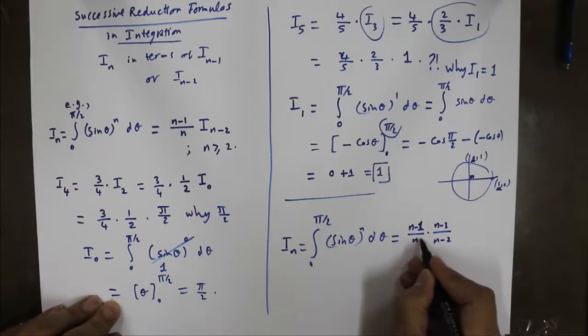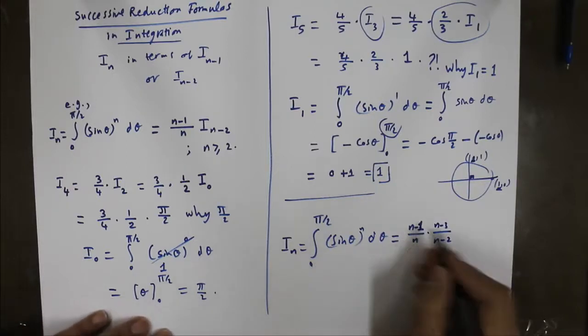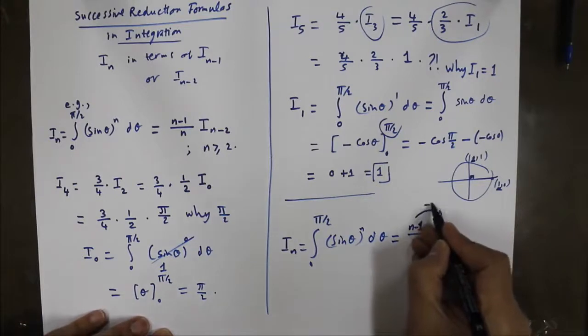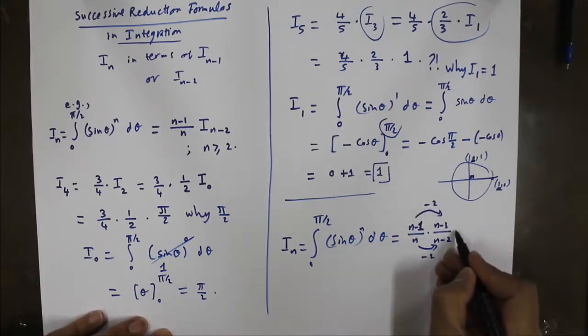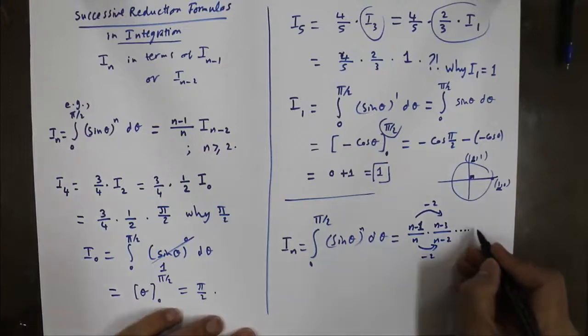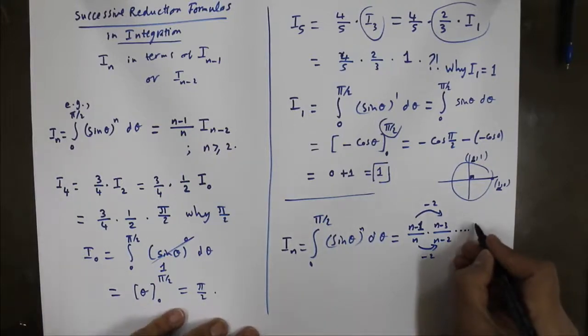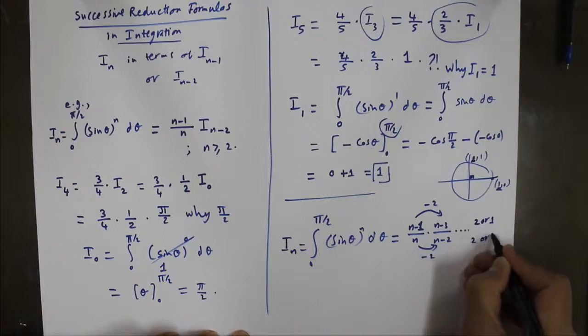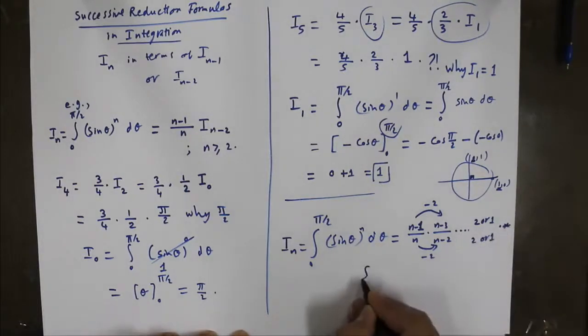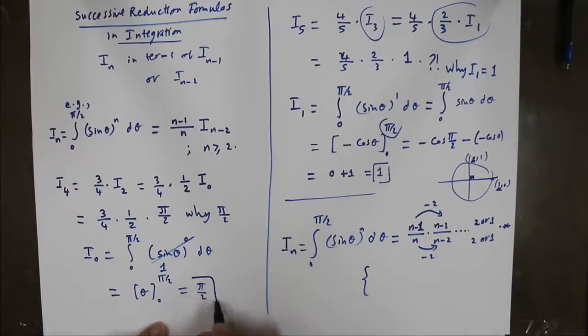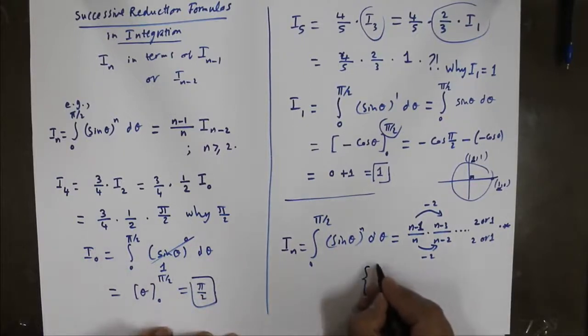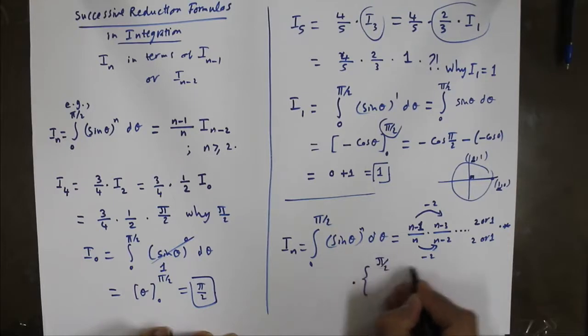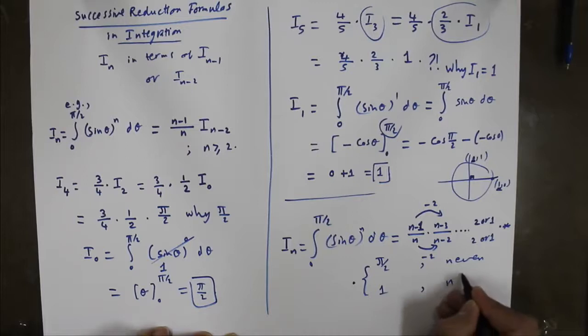We begin with n in the denominator and n minus 1 in the numerator, and decrease every step by 2, and do it again until we reach 2 or 1 in the denominator and numerator. But we multiply at the end by pi over 2 if n is even, and multiply by 1 if n is odd.